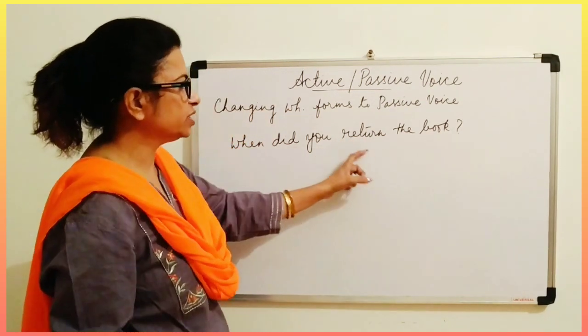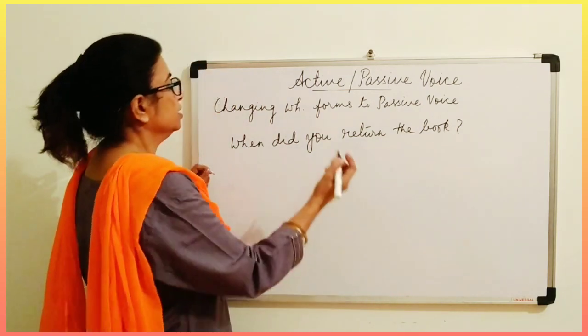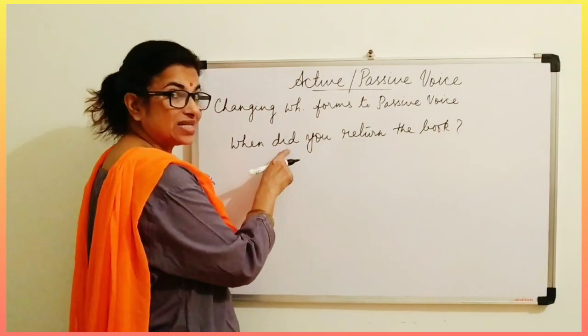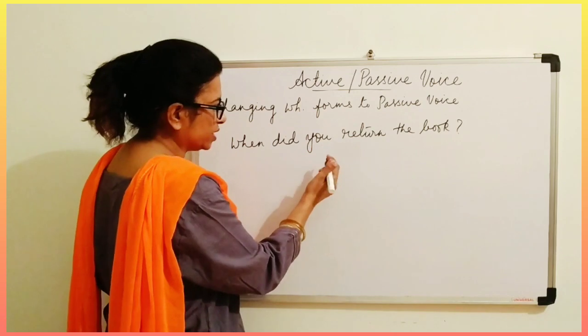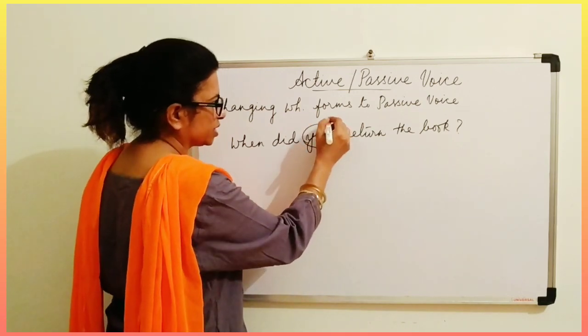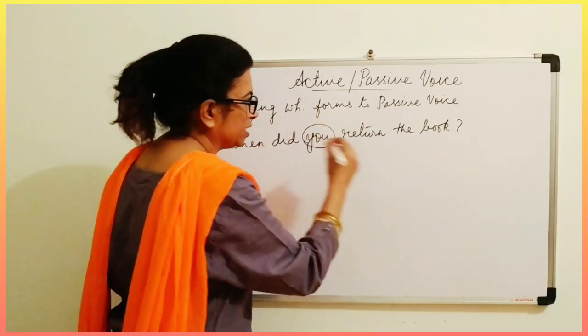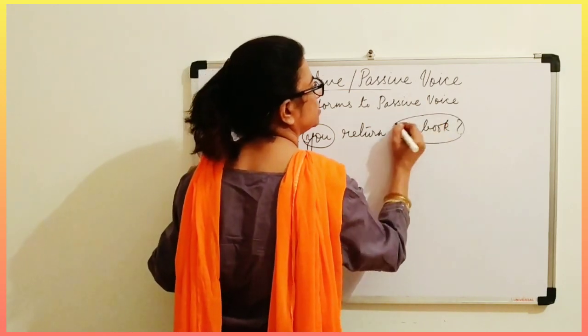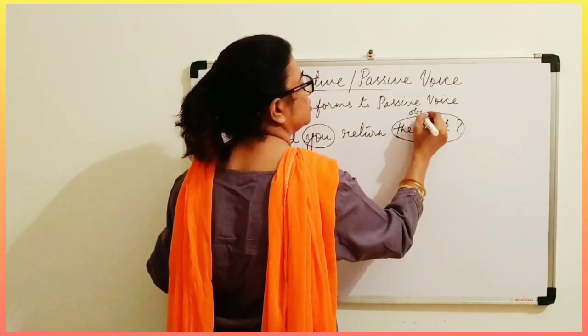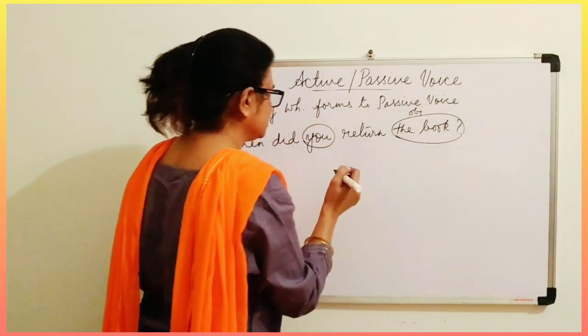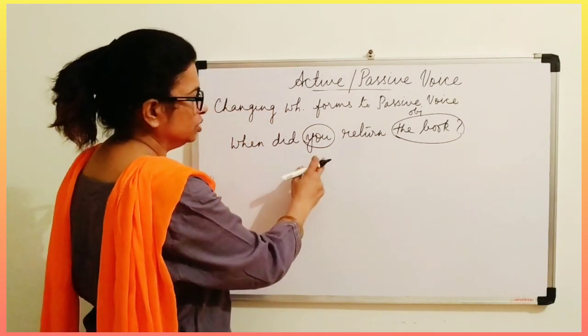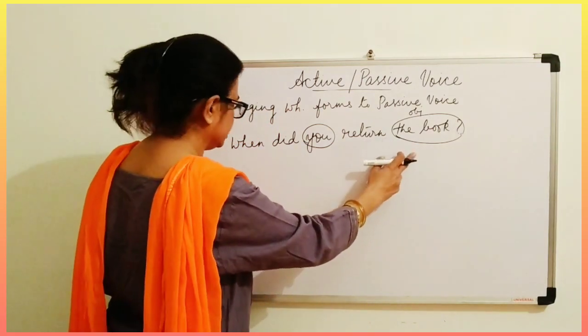So when did you return the book? Now did is what? This is past tense, isn't it? And this is one object. And this is another. So when did you return the book?